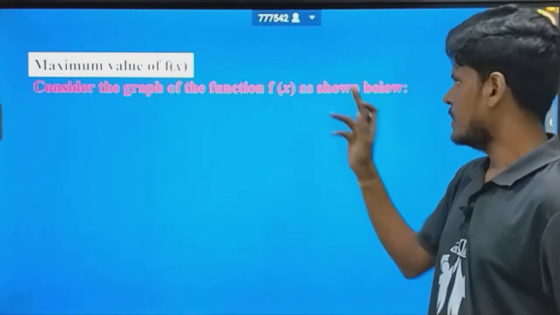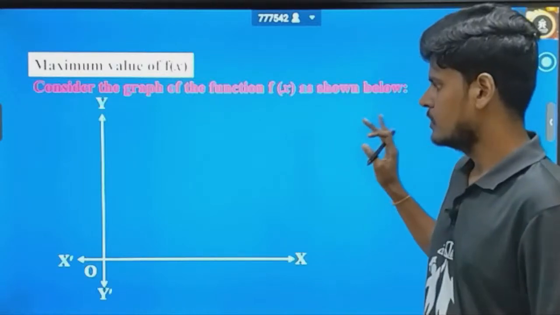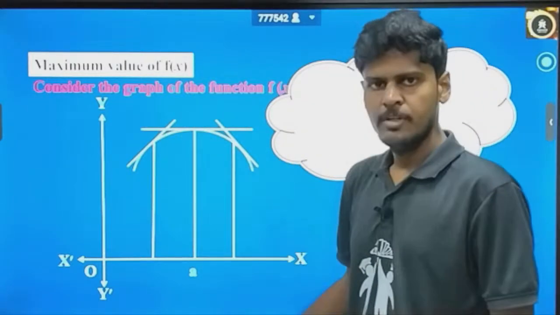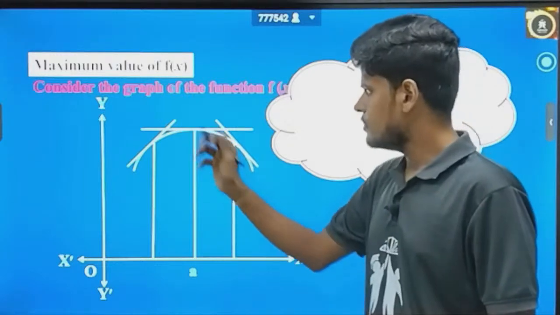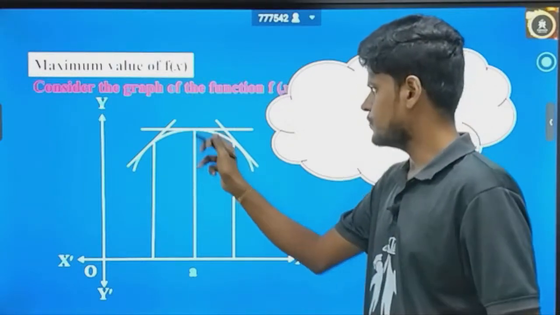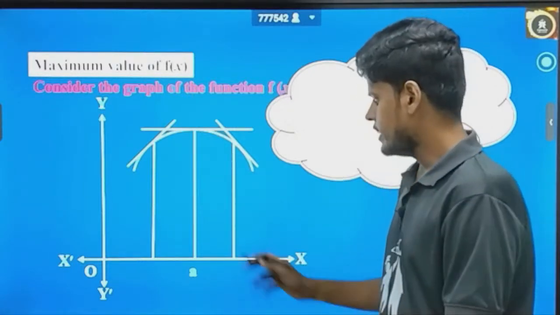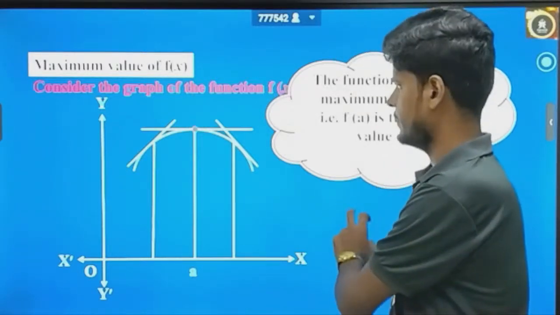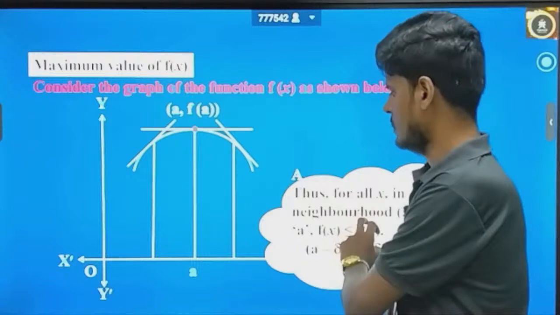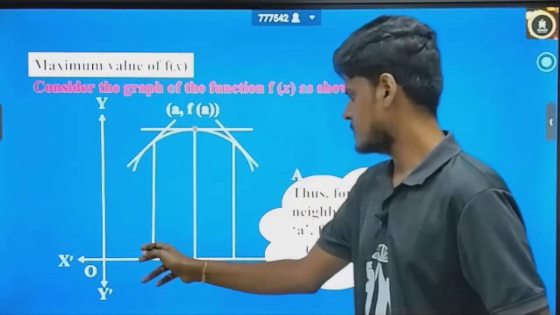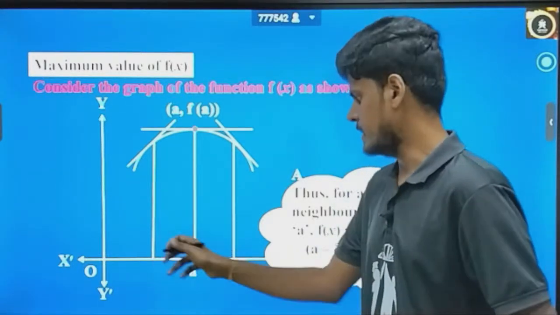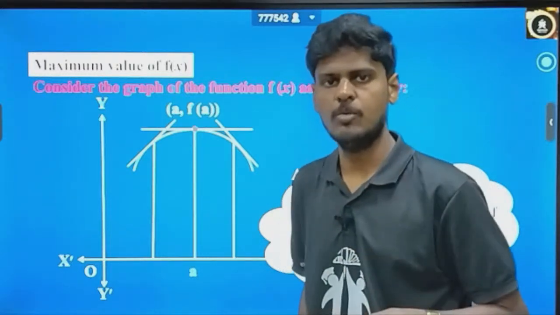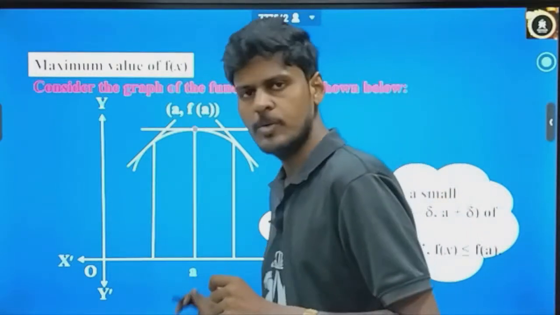For example, consider the graph of f of x as shown below. Now in this graph, by observation, what will be the maximum point? That will be this point. We are taking two values, a minus delta or a minus h, and the other value is a plus delta, where delta is a small quantity in the neighborhood.